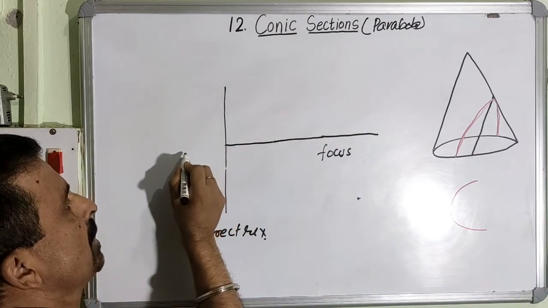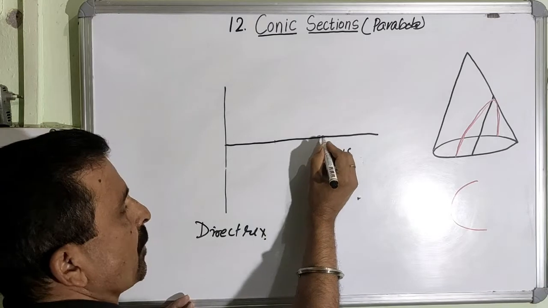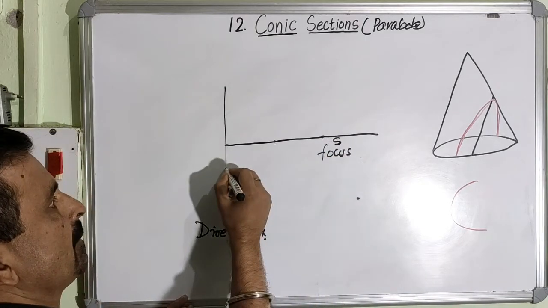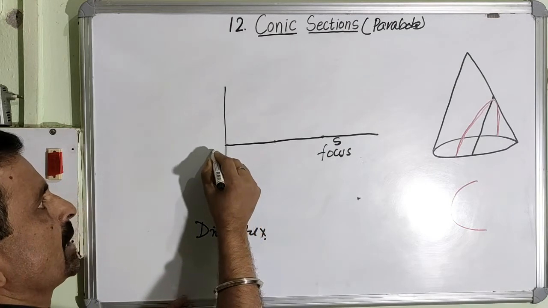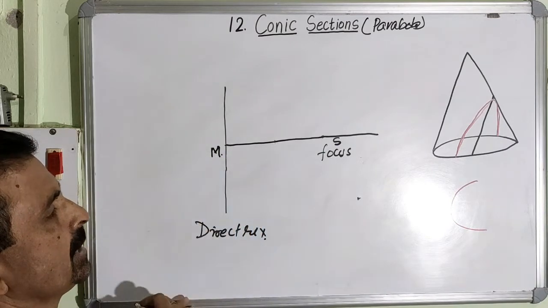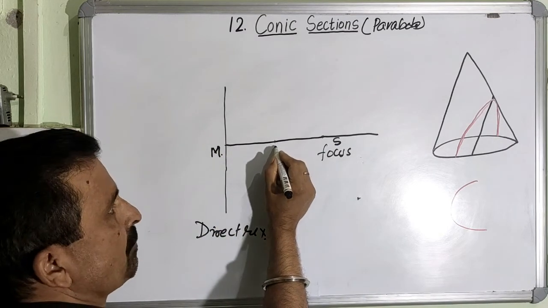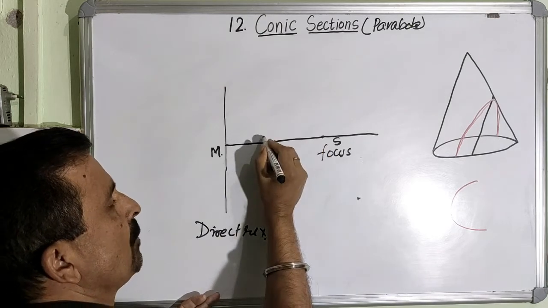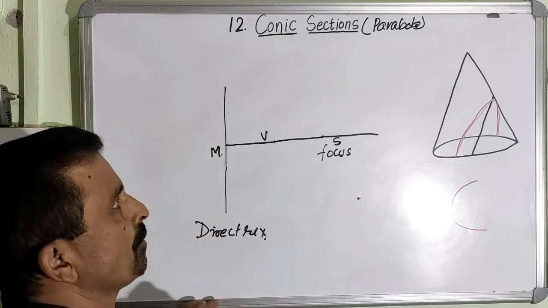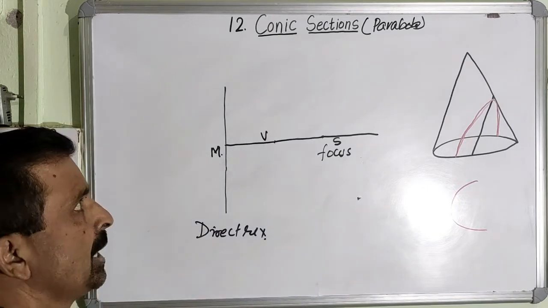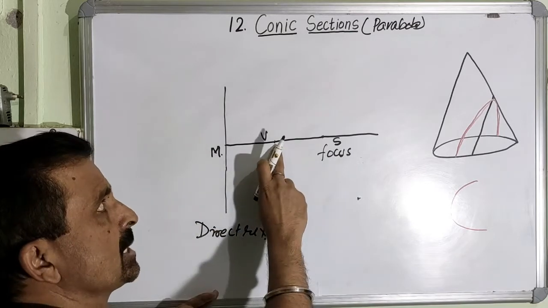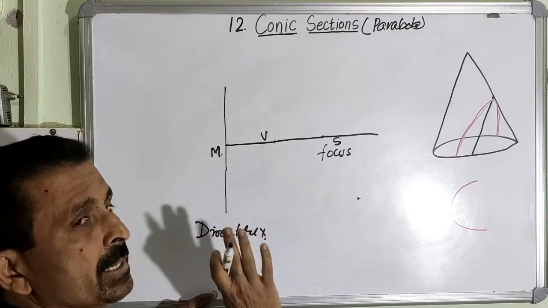This point is the focus, maybe we can denote it as S, and we can denote this point as M. And this point, which is the center point of S and M, we can denote as V. Now remember that SV is equal to VM. The distance of V from S and M are the same.